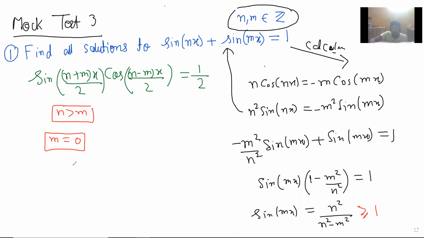Then we can say there are no solutions. I don't know, but n and m are integers, so that's why it's like this, right? So then there are no solutions. Yeah, that's right. Because even if you look at this, it also says the same thing, right?